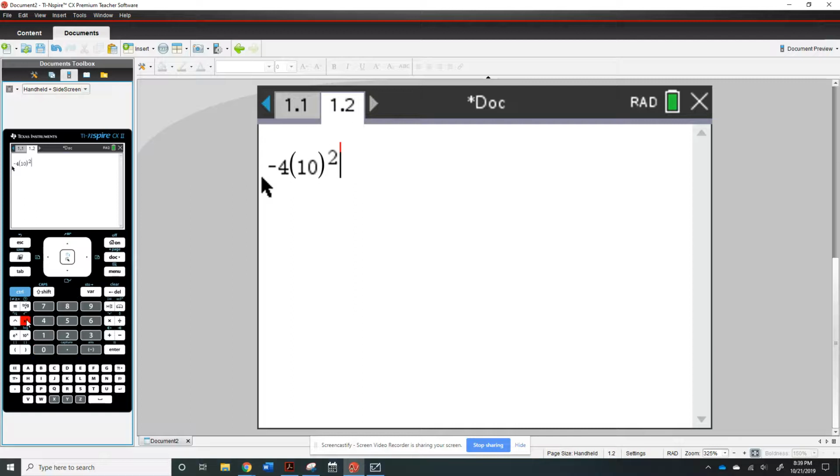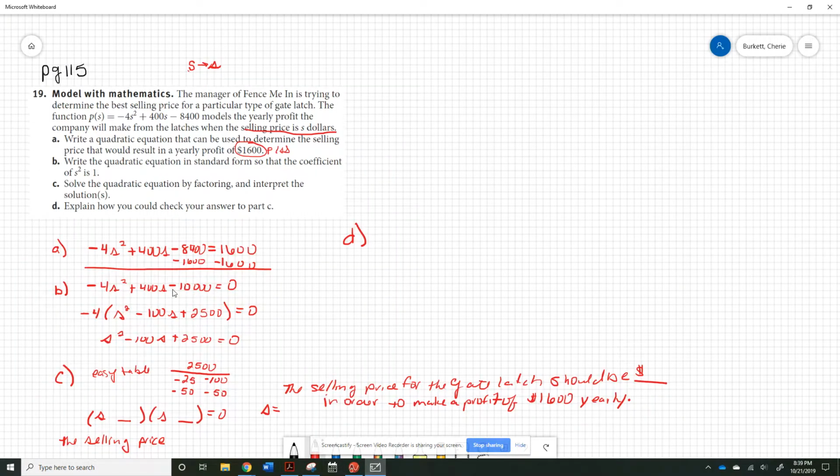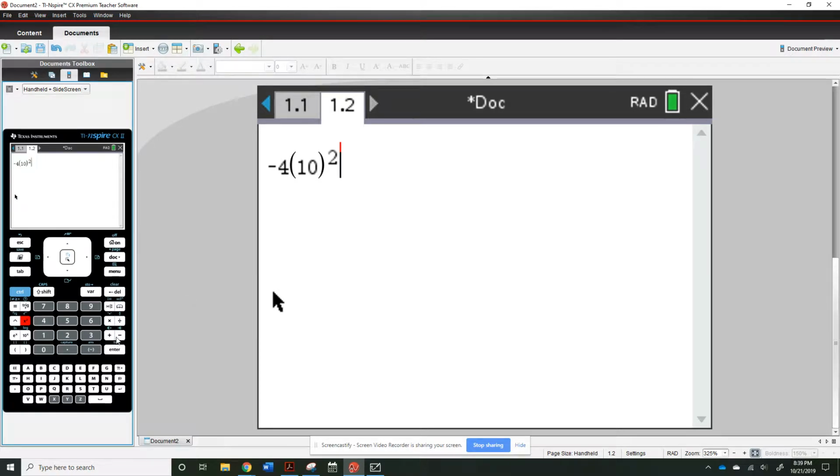We're going to square that. And then, I don't remember what the equation was, plus 400. So we're going to say plus 400 times the selling price. And we're guessing that it's $10. If you've done the algebra, then you'll know what it is.